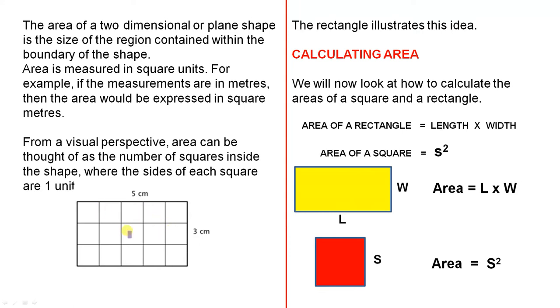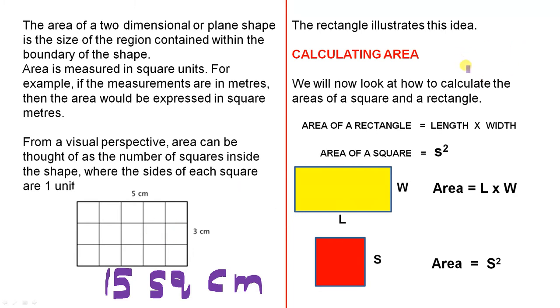If we count the total number of squares, there are 15 of them. So the area of that rectangle will be 15 square centimetres. That means there are 15 squares and each of them are 1 by 1. That's the whole idea of area.